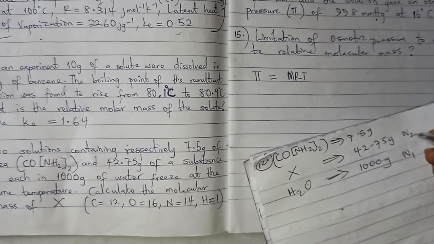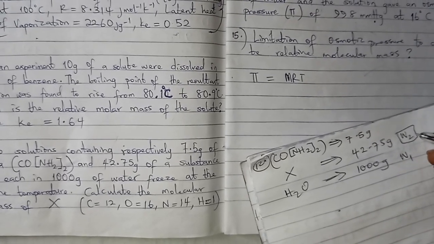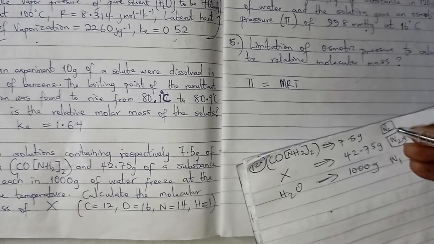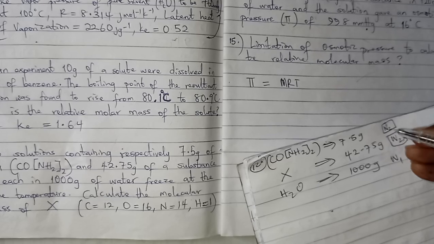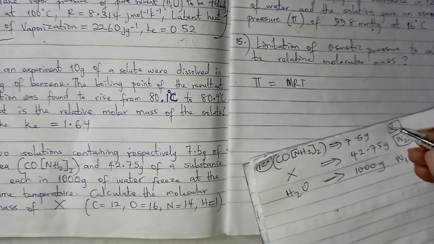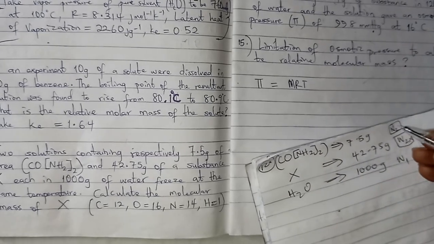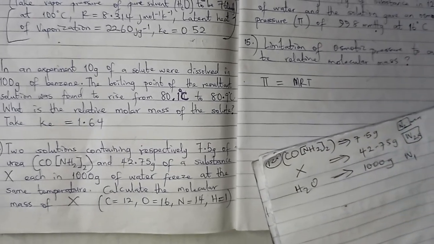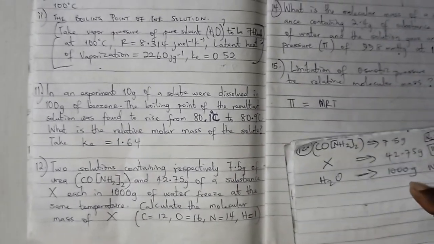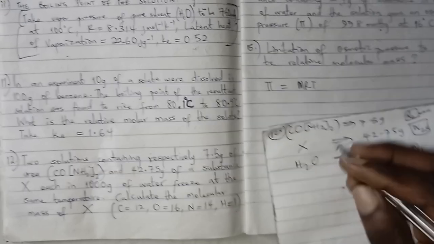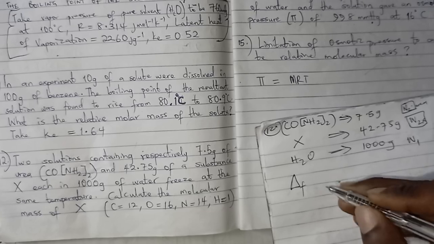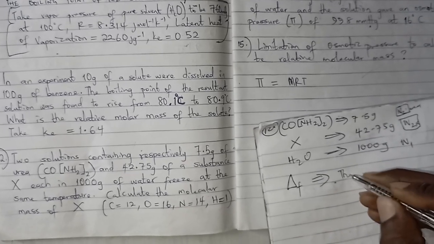This is W2, solute X. Then this one is W2 of urea. So let's do it in such a way that we have this to be solute. So this one is urea. So two solutions inside water, two solutes inside water. Then they freeze at the same temperature. So their TF for both of them is the same.